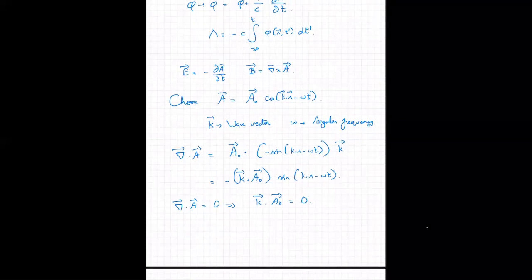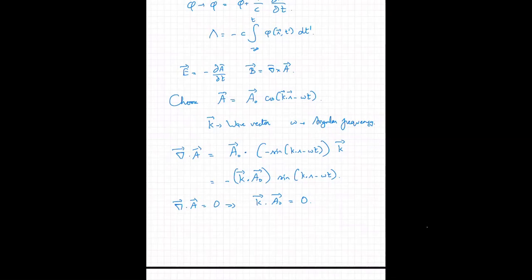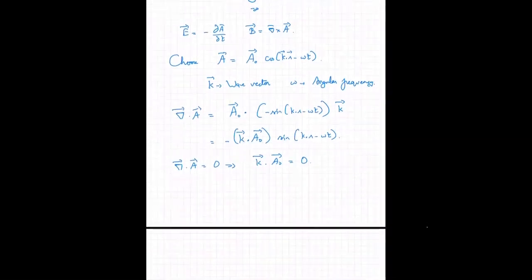Okay. Similarly, B is perpendicular to k, which means that both B and E lie in a plane that is perpendicular to k. So this is the statement that electromagnetic waves are transverse.